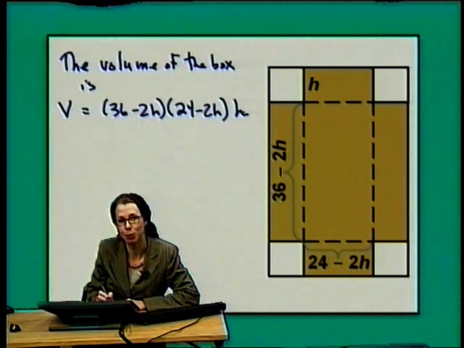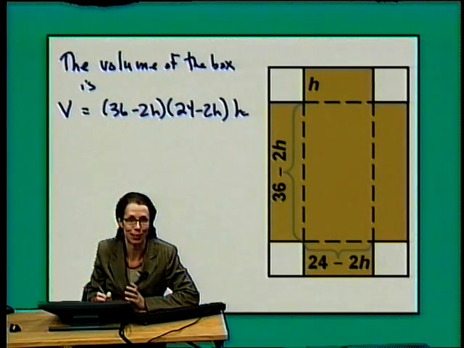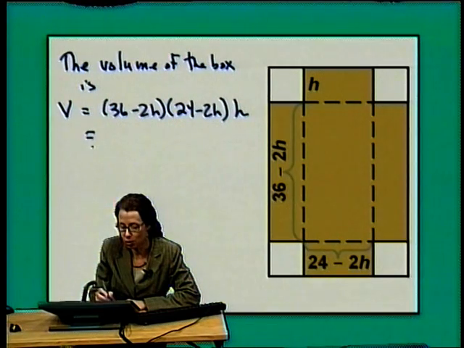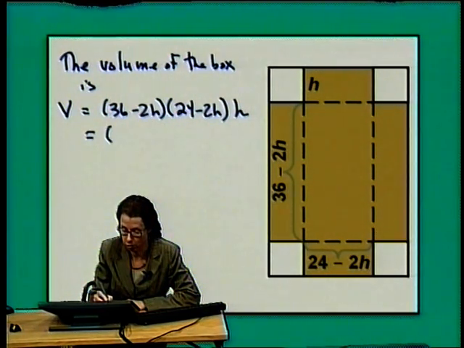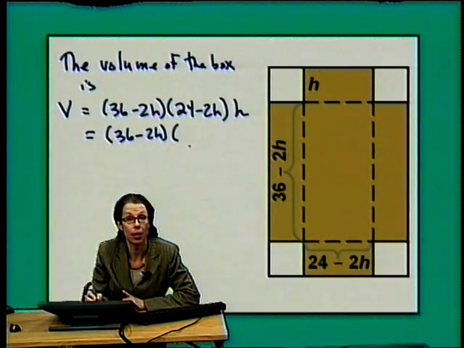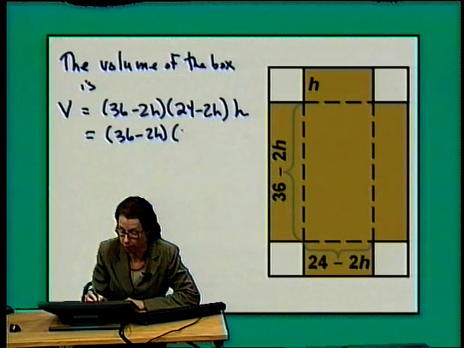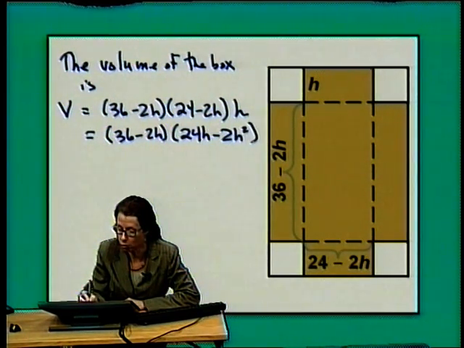We've been practicing multiplying binomials, so let's expand this. I'm going to start by using the distributive property with the last 2 factors. So I'm going to leave the first factor as is and distribute the h across the 2 terms in the second factor. So I have 24h minus 2h squared.